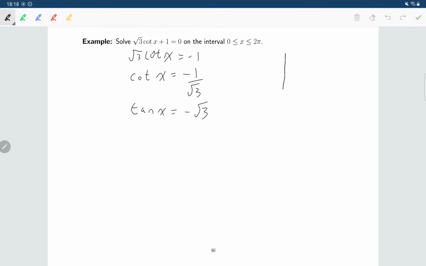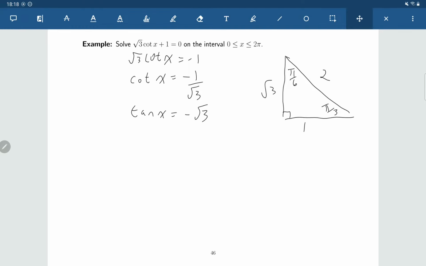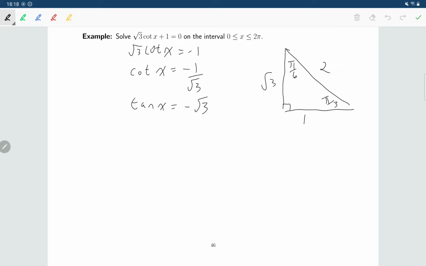And if you're looking at our special triangle for the 30, 60, 90, we can see that for pi over 3, tangent of pi over 3 would be opposite over adjacent. So we know that tangent of pi over 3 would be positive root 3. We're looking for tangent to be negative root 3.